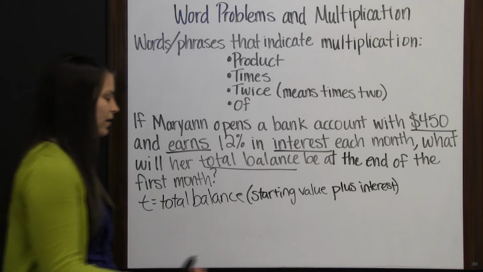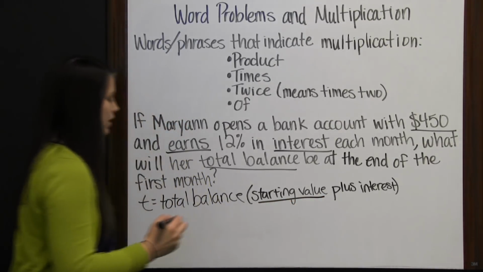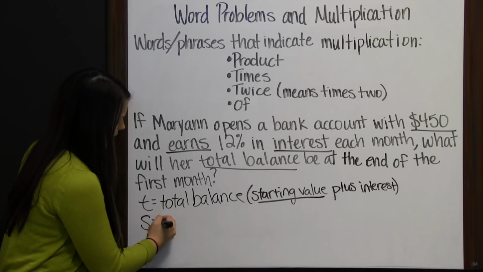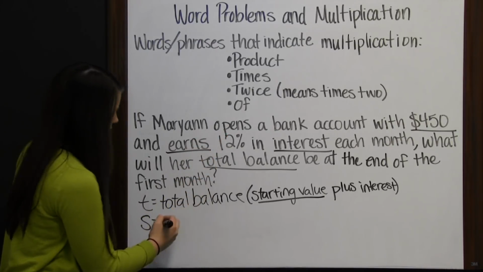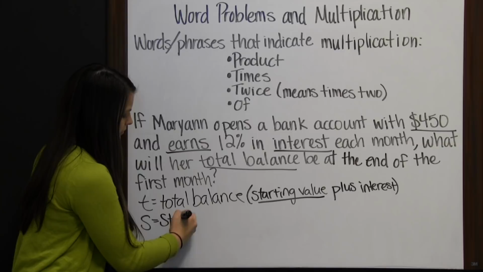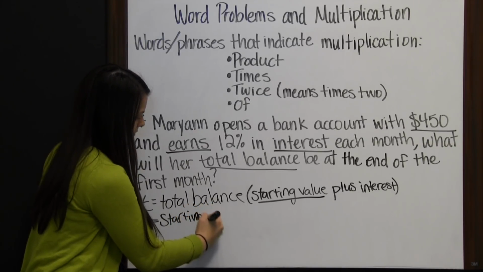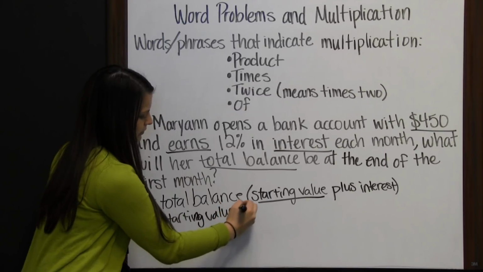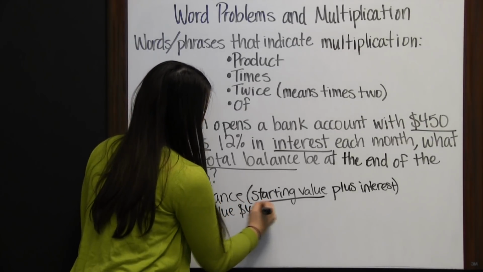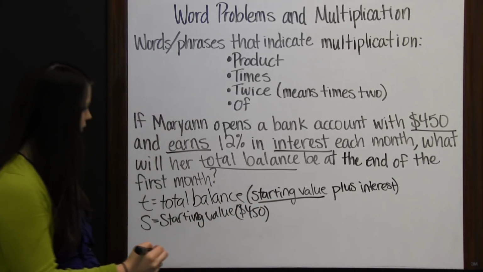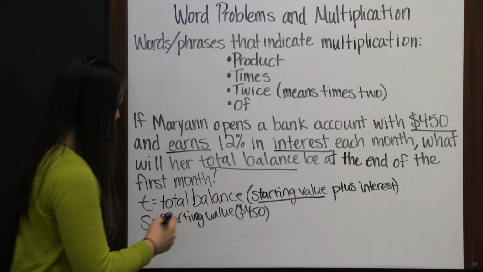So to find my total balance, I'm going to have to know the starting value. So we'll use an S for starting value, which is $450. And I also have to know my interest.